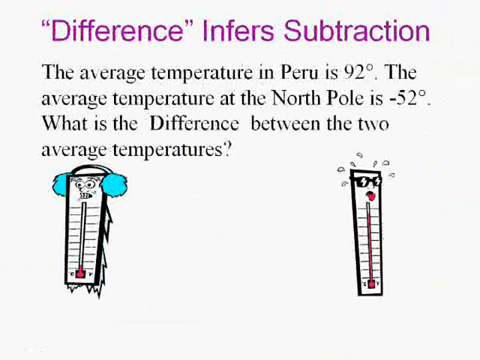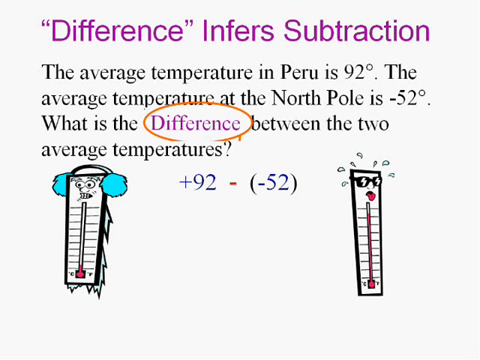You know the average temperature in Peru is 92 degrees. It's hot. The average temperature at the North Pole is -52 degrees. What's the difference between these two average temperatures? Remember, difference means subtraction. So I take the two numbers the way they are and additionally put a subtraction sign between them.